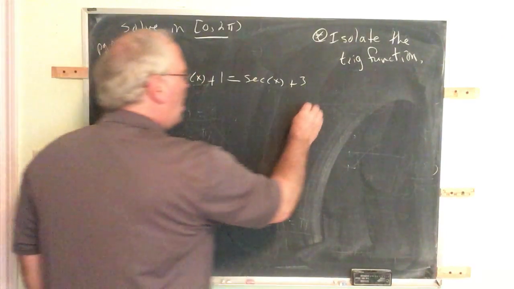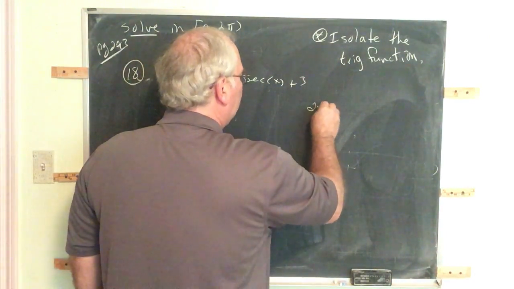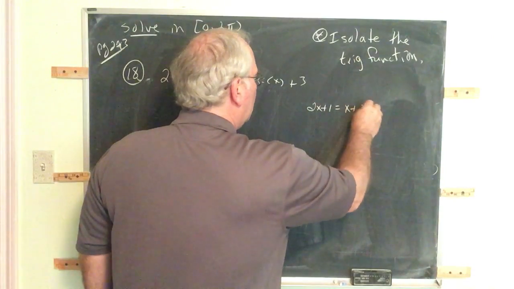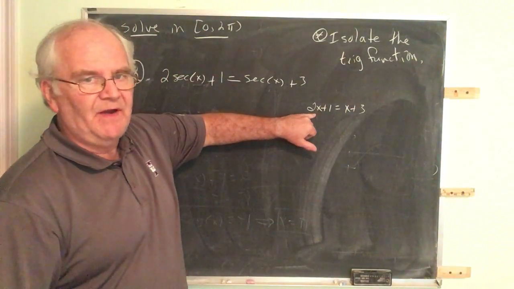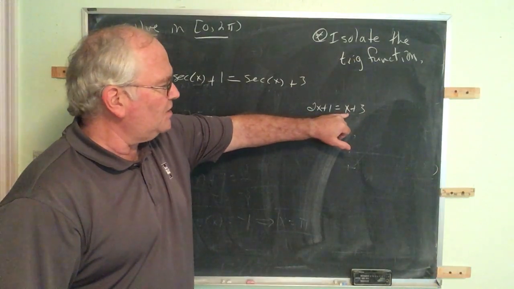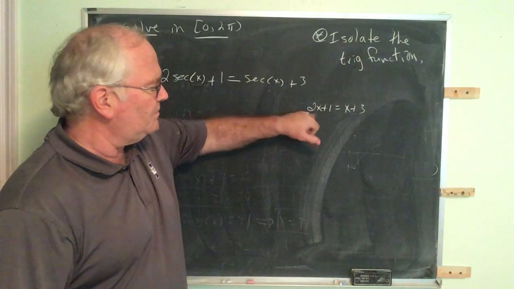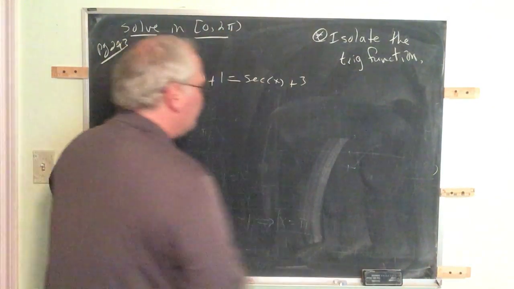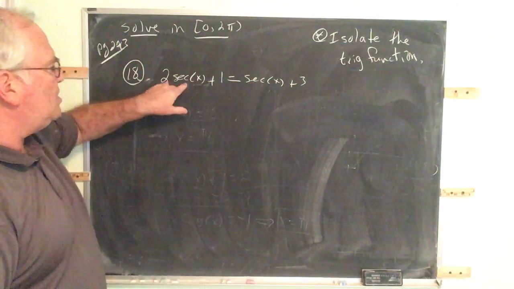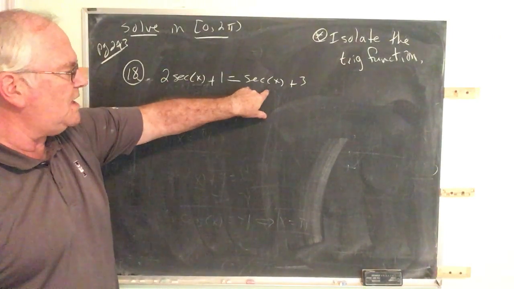Recall, if you had 2x plus 1 is equal to x plus 3, way back in basic algebra, the first thing you would do is combine the variables, right? You subtract x to this side of the equation. Well, think of our variable as not x. Our variable is secant of x. You have 2 secants on the left, you have 1 secant on the right.